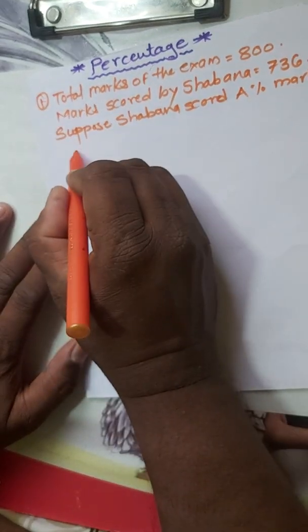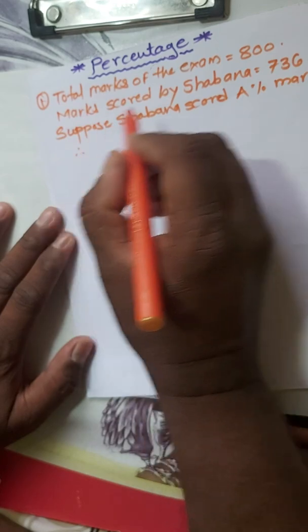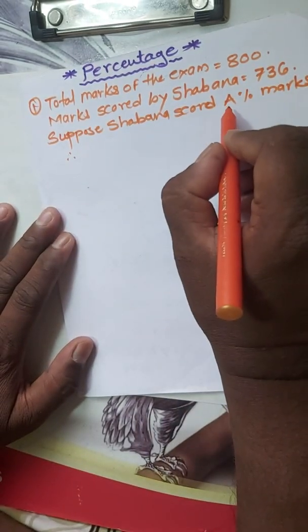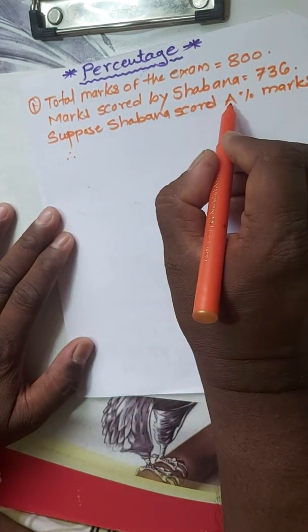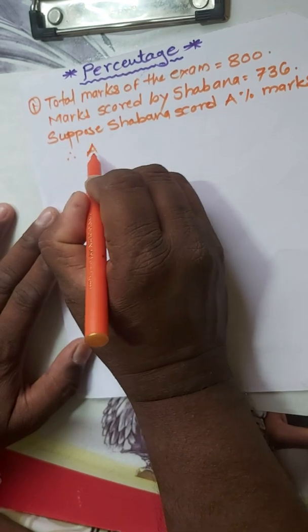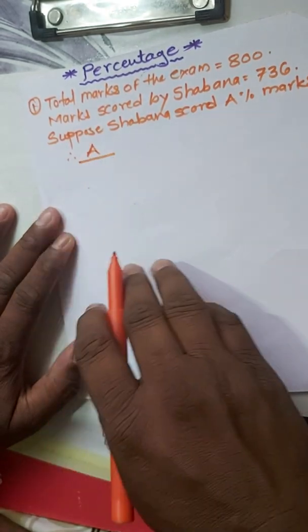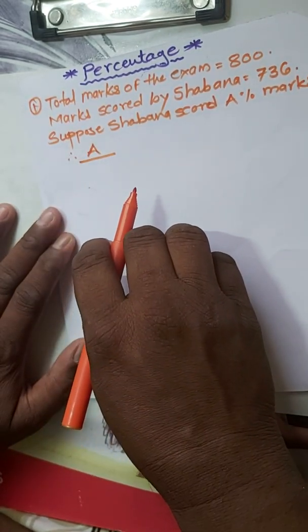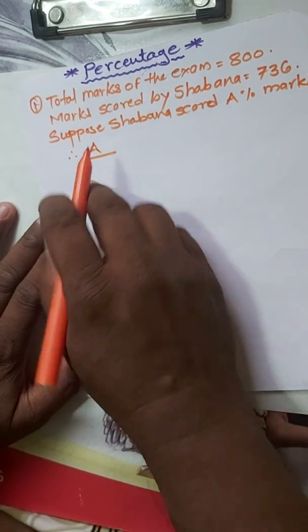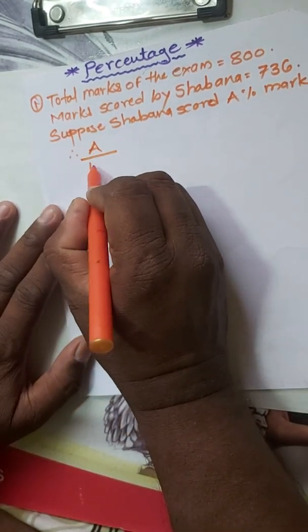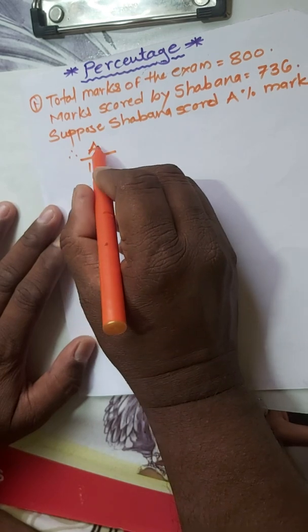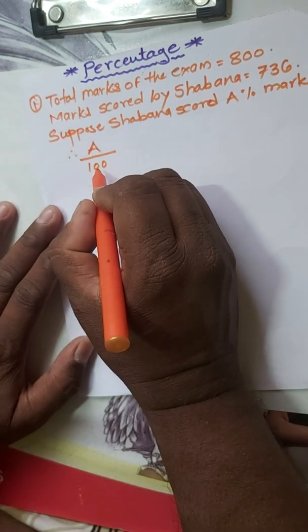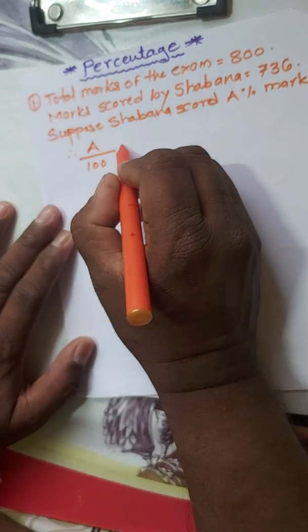Now therefore we have to write our equation. Now we have to find the percentage, and we assume the percent as a. So a upon 100, because a means out of 100. Here we have to always write 100, because we are finding this a% out of 100. So the denominator should always be 100.